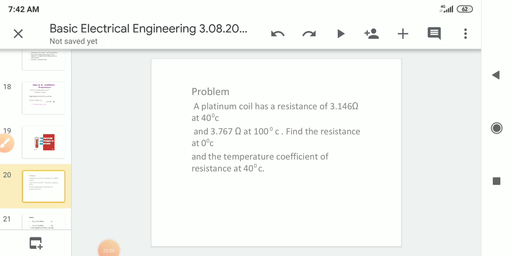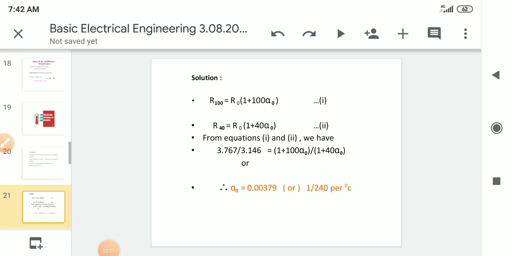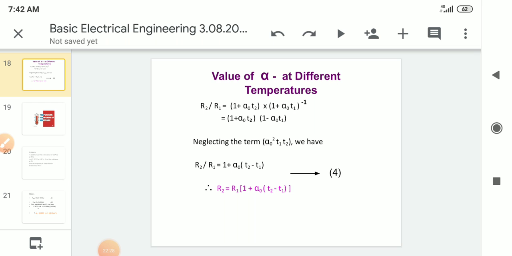The temperature coefficient of resistance at 40 degrees centigrade. We are taking the help of the above relationship.